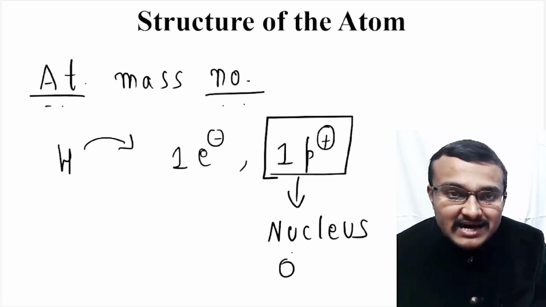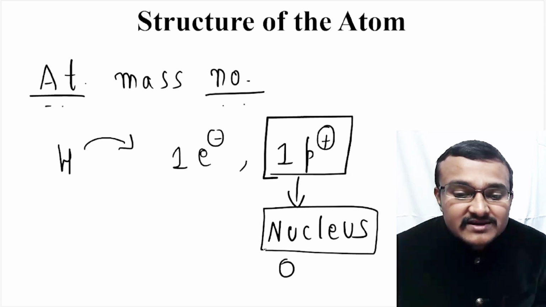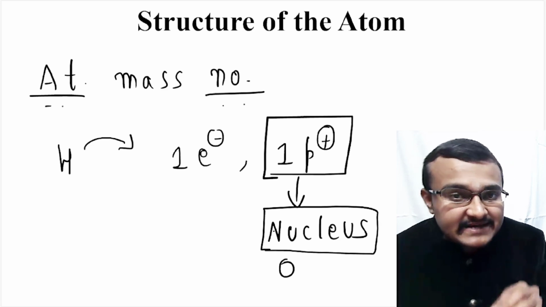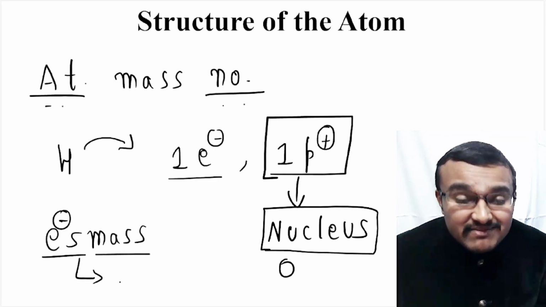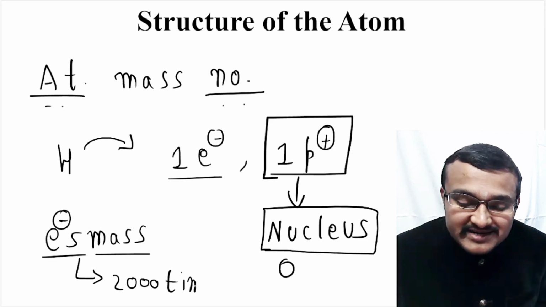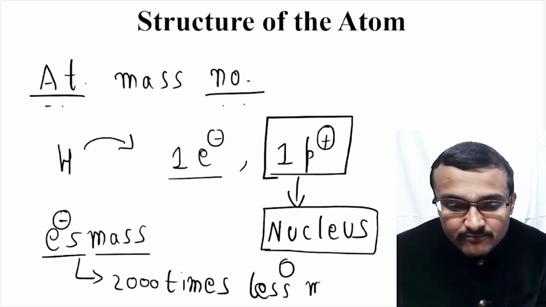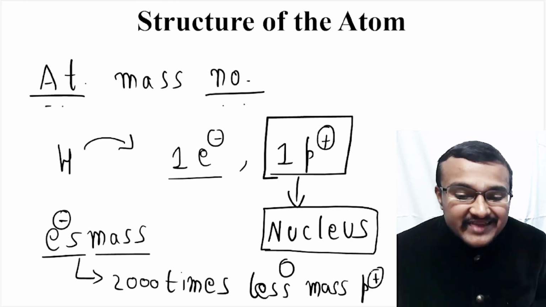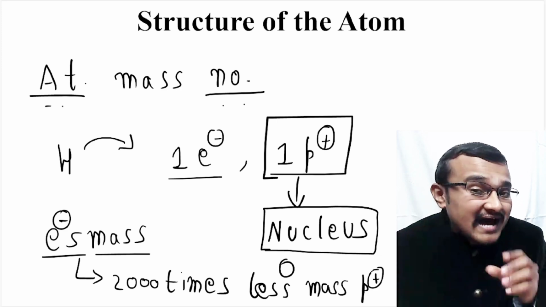So the total mass of hydrogen is the mass of the nucleus of that atom. If you consider the electron's mass, it is approximately 2000 times lesser than the mass of a proton.